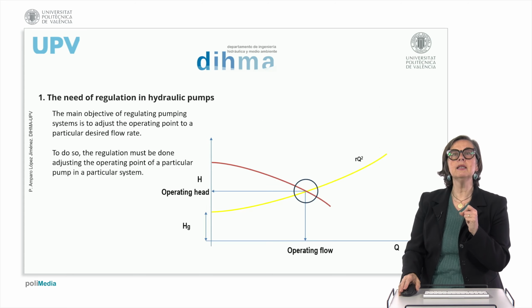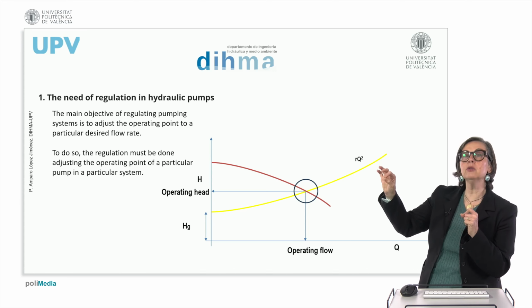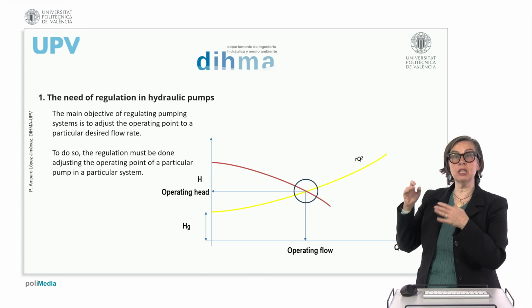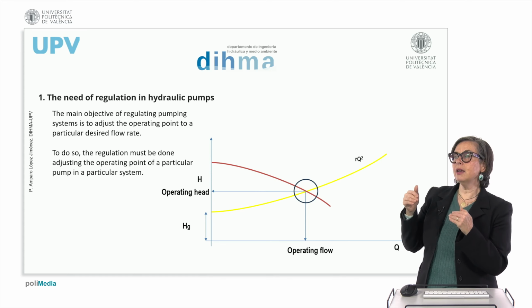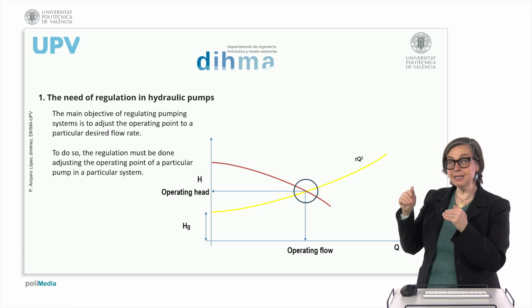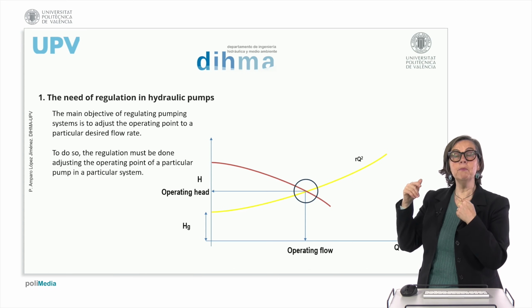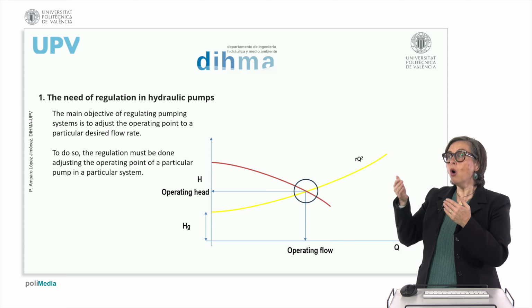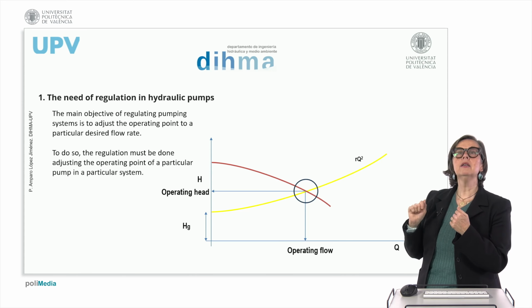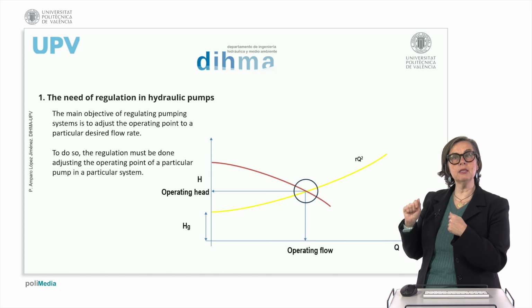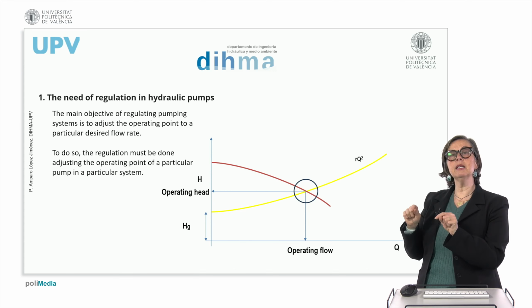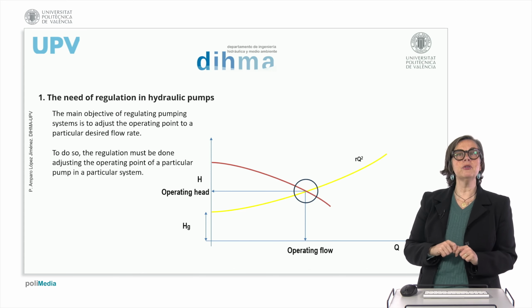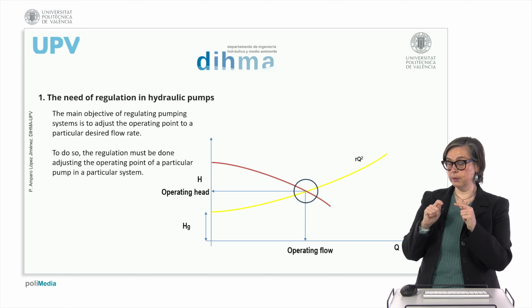So what happens is that this particular point can be achieved by changing either the curve of the facility in yellow color with valves or with several pipes and so on, or changing the red curve representing the characteristic curve of the pump. So today we will be speaking about how to change this red characteristic curve.